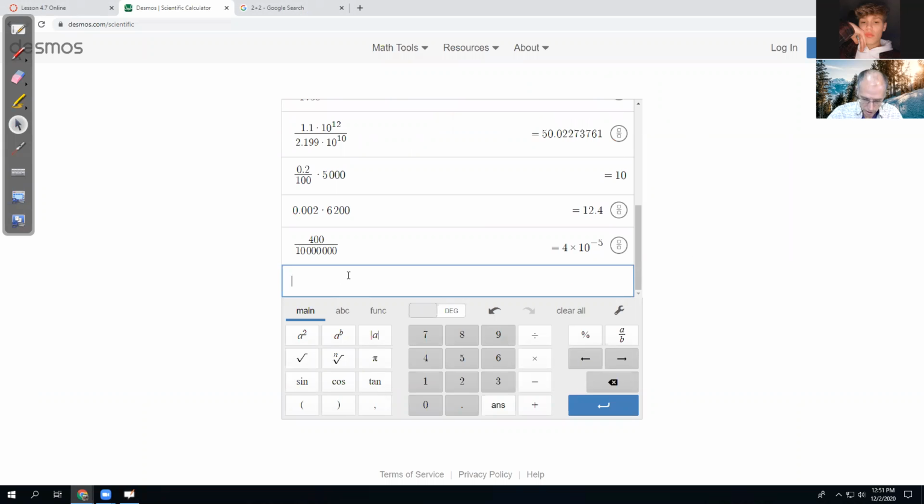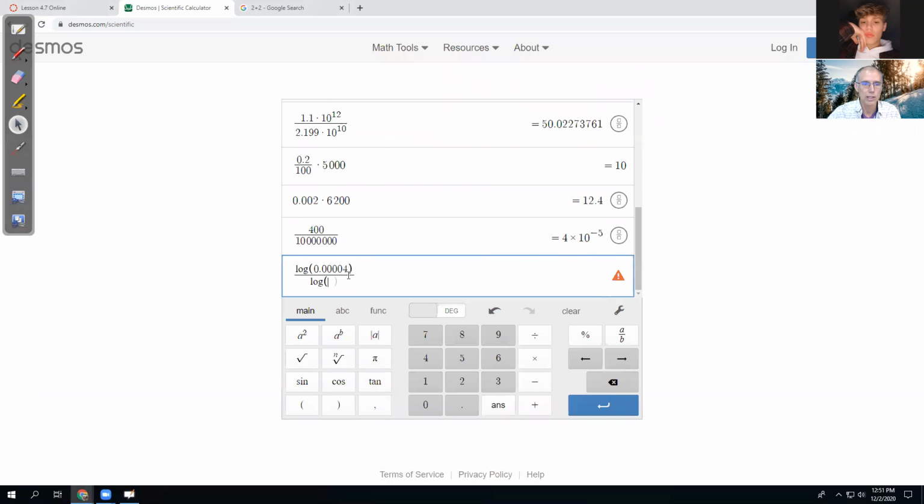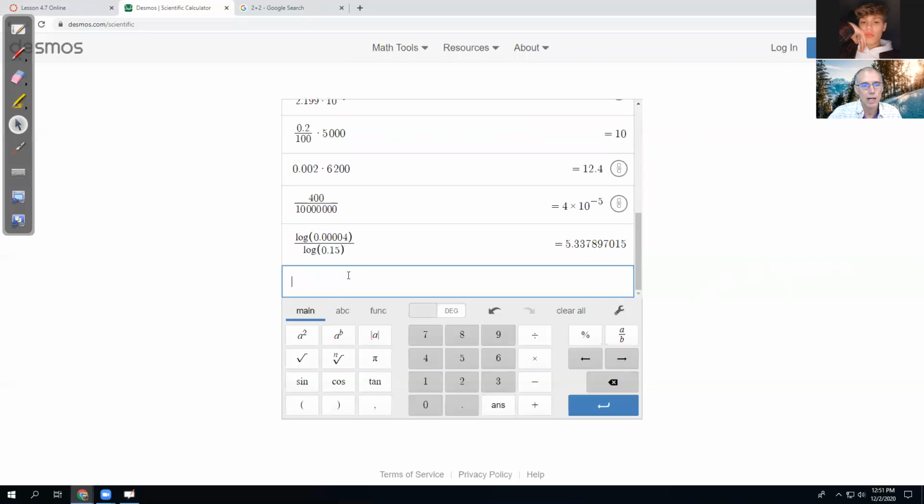I've got the log of 0.00004, if I got that right, divided by the log, and make sure you close your parentheses in the right spot, of 0.15. I'm getting 5.33789, and so on.